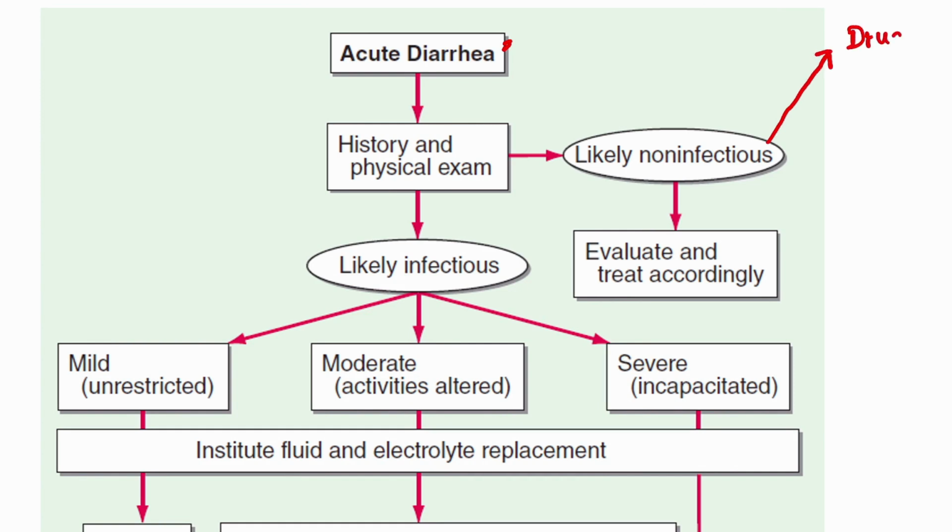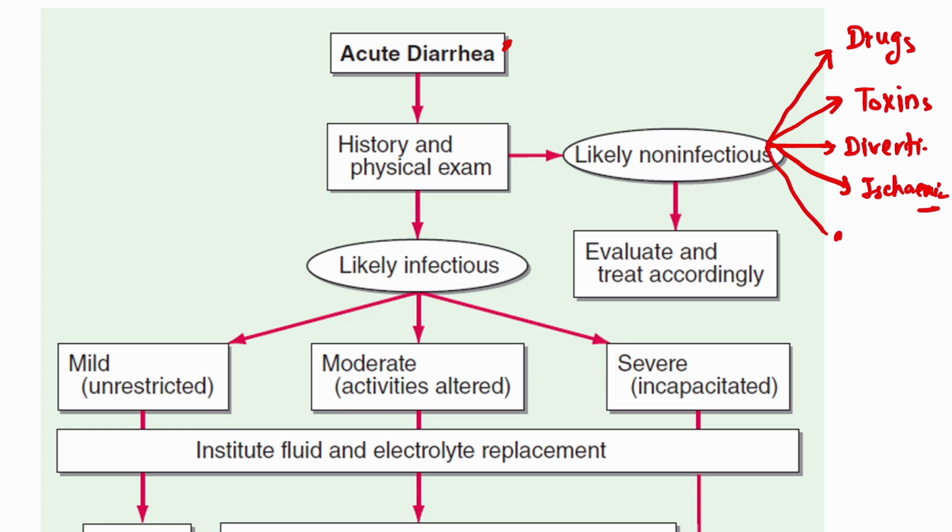Drugs, preformed toxin products, toxins like organophosphate compounds, and toxins like some mushrooms, right? Then there may be diverticulitis if the patient is an older individual. There can be ischemic colitis, right? There can be arsenic poisoning.